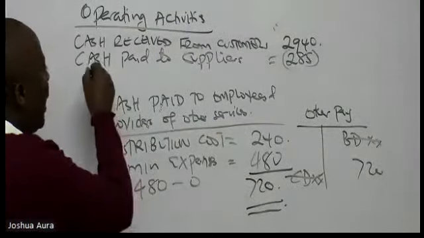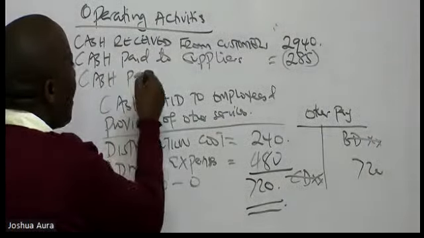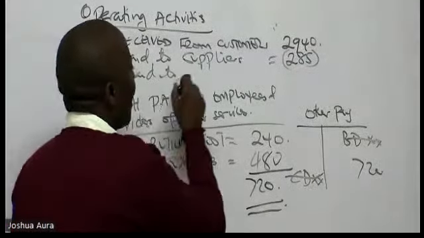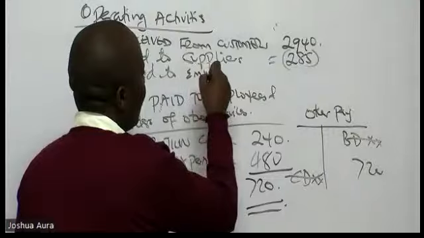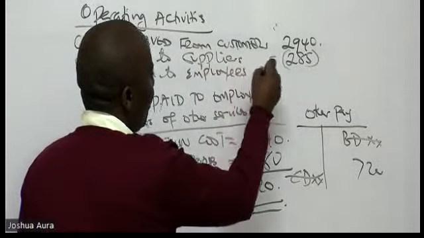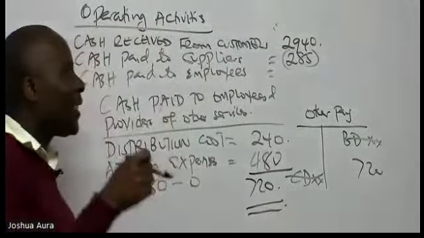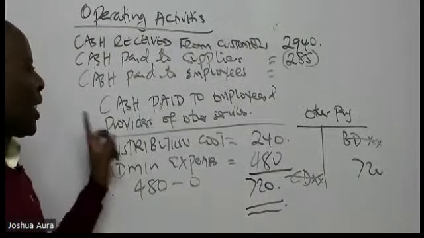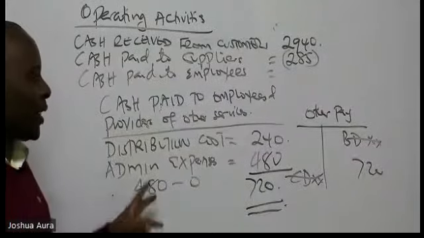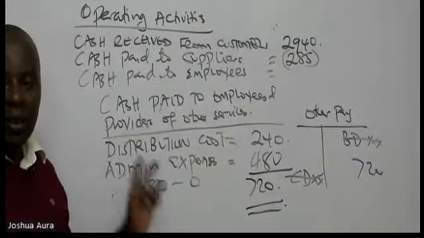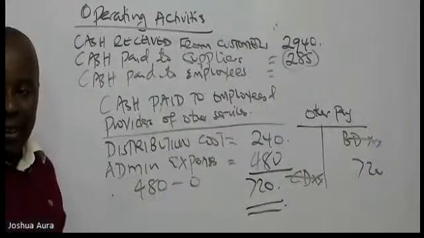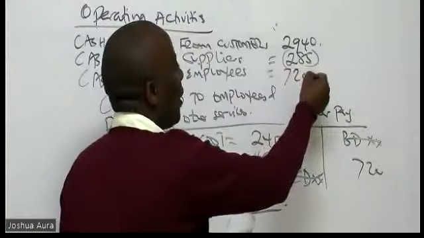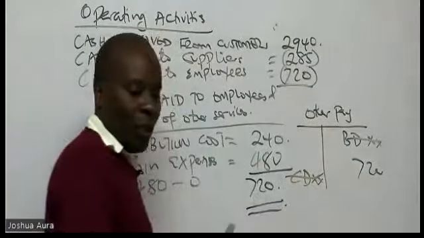Then we have cash paid to employees. In terms of admin, we normally put rent, it is very many things there. That's why we are calling it in full, cash paid to employees and providers of other services, which you guys have given me a figure of 720. So please subtract there.